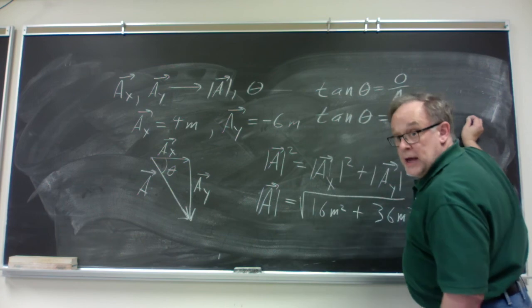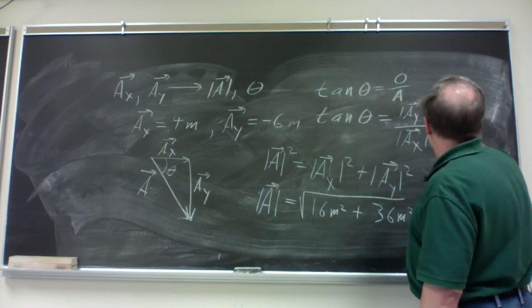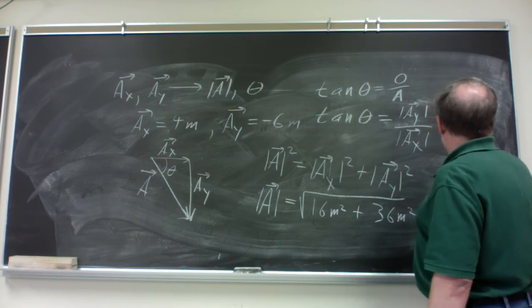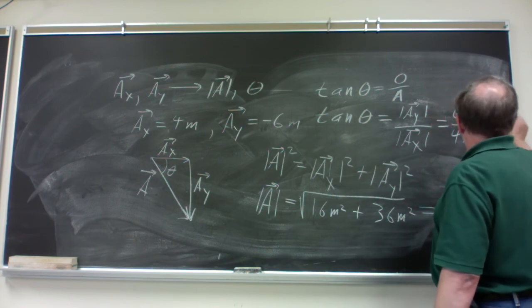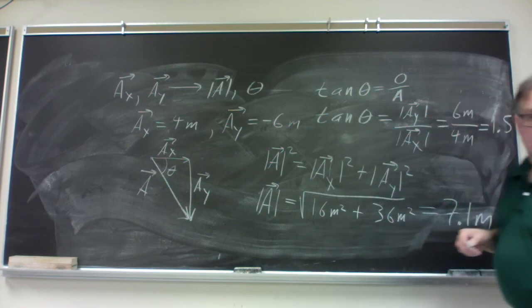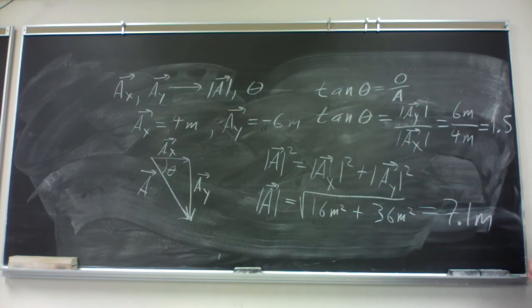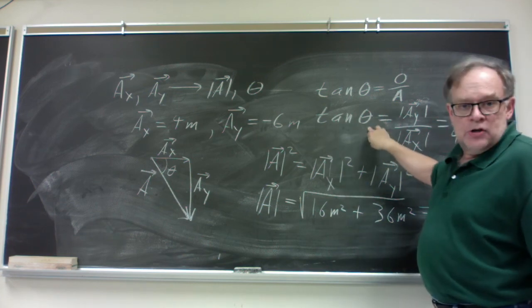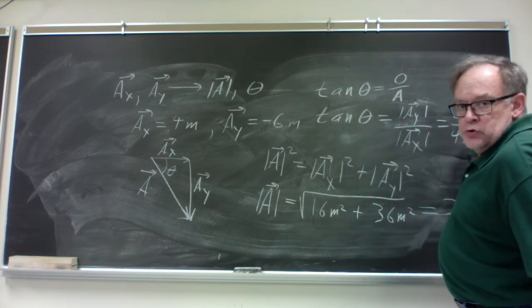And the magnitude of AY was 6 meters. The magnitude of AX was 4 meters. So this just comes to 1.5, 3/2, whatever you want to call it. So tangent of the angle we're looking for equals 1.5.